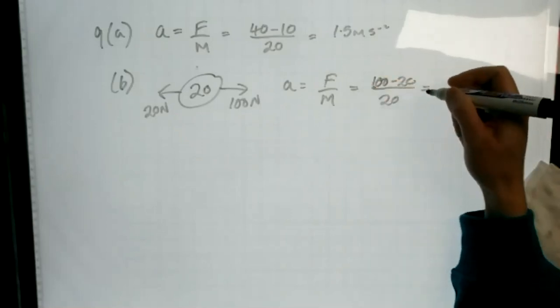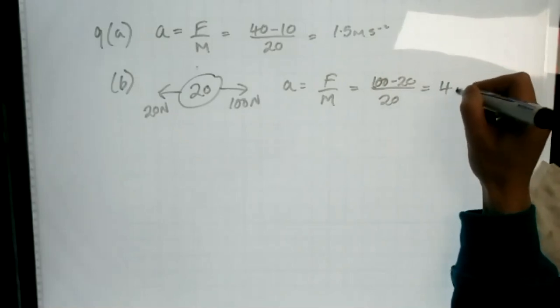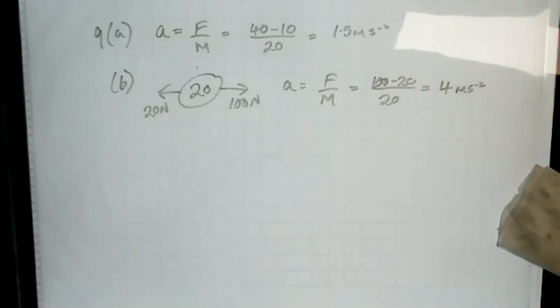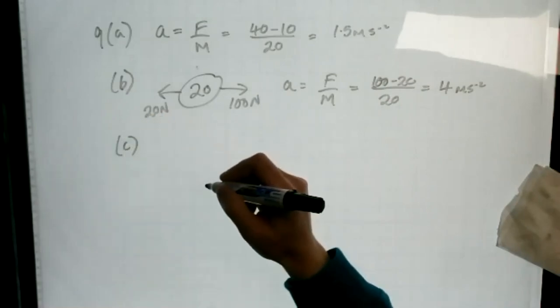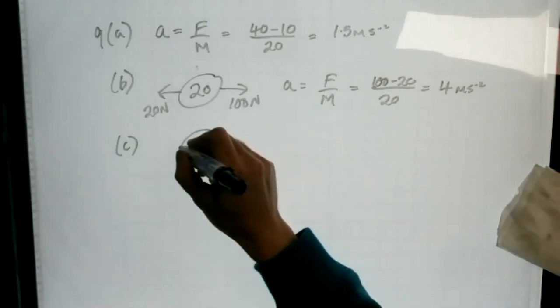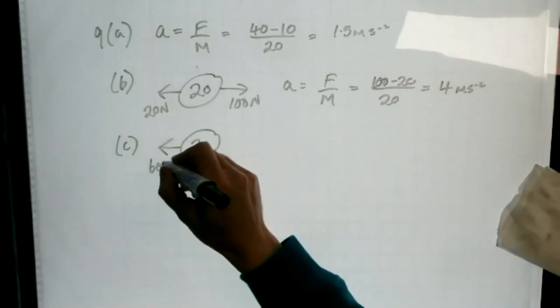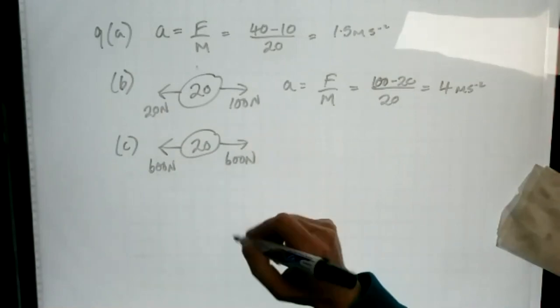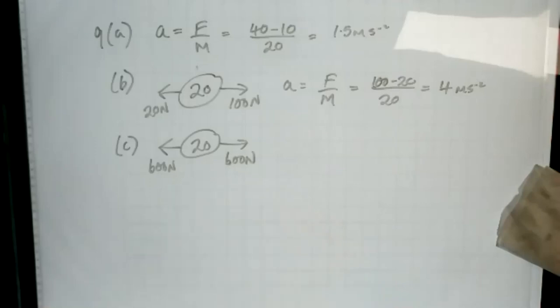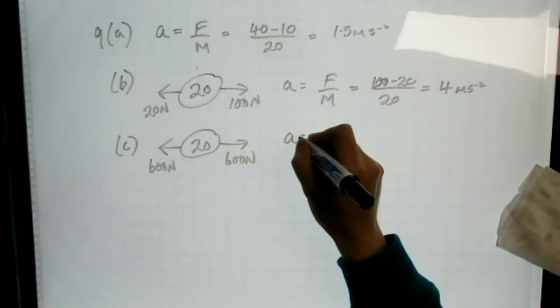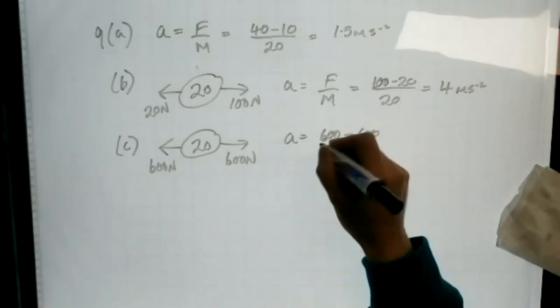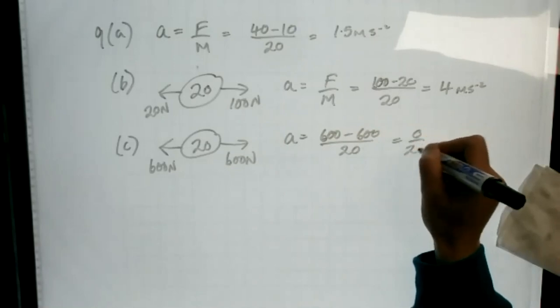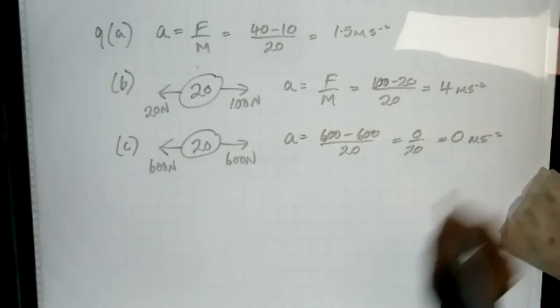So the 20 kilogram tension is 6 Newtons and 6 Newtons on the tension. Now, the resultant force on the 20 kg is 0. So a equals 6 minus 6, which is going to be 0 meters per second squared.